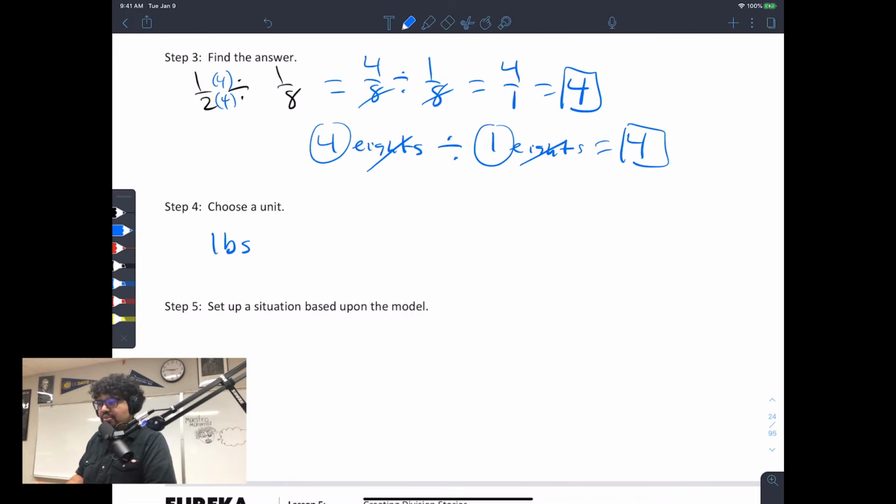You can probably say something like, if I have 1/2 a pound of flour, and it takes 1/8 to make a batch of cookies, then how many batches of cookies can I make? But again, you can make up your own story there, your own situation.